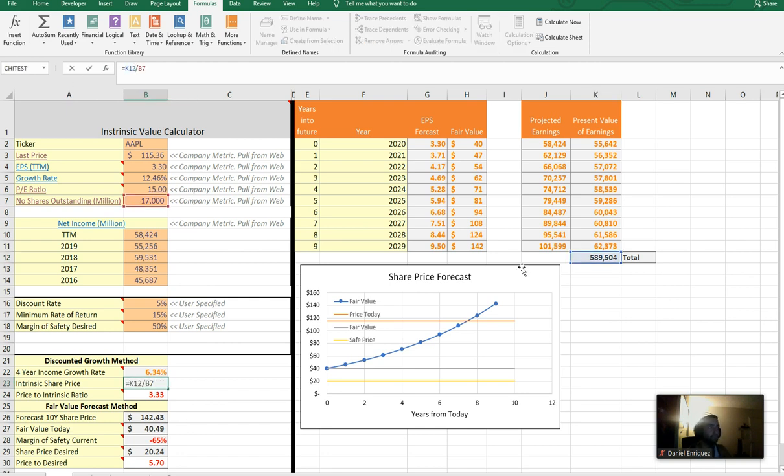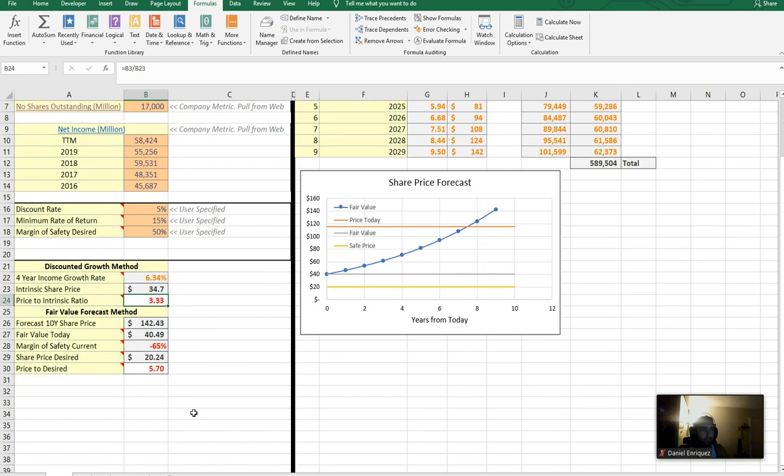So again, that total present value divided by outstanding shares in millions gets you a valuation of $35 basically for Apple. And it's trading at 3.3 times that. So that's excessive. That's quite a speculative growth stock, so that's why it's up that much.